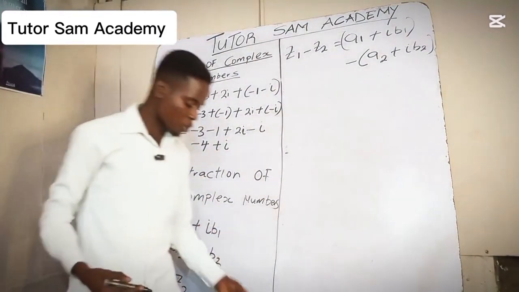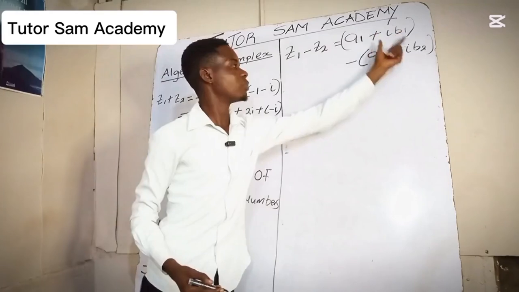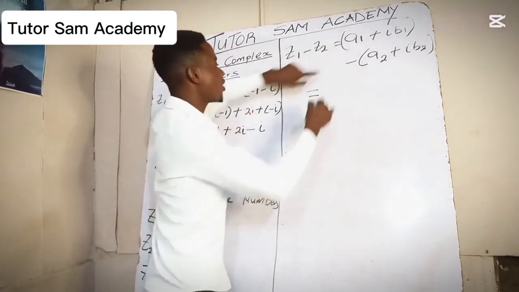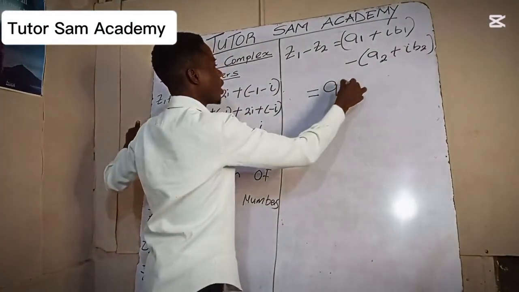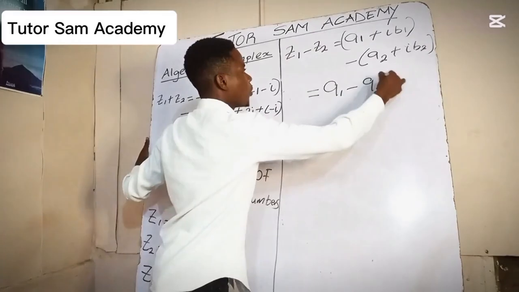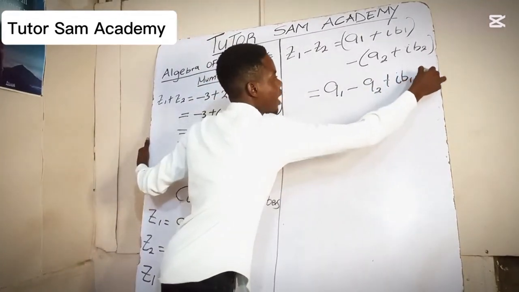Here also, when you are subtracting, you subtract the real part, you subtract the imaginary part. So we have A1 minus A2 plus IB1 minus IB2.